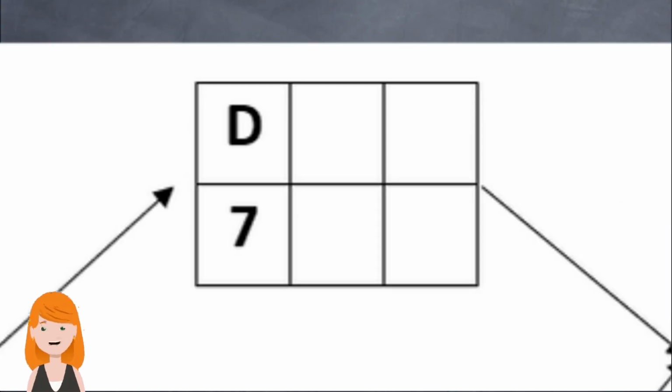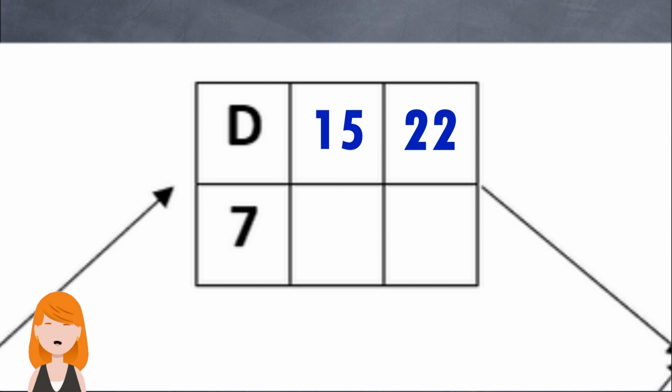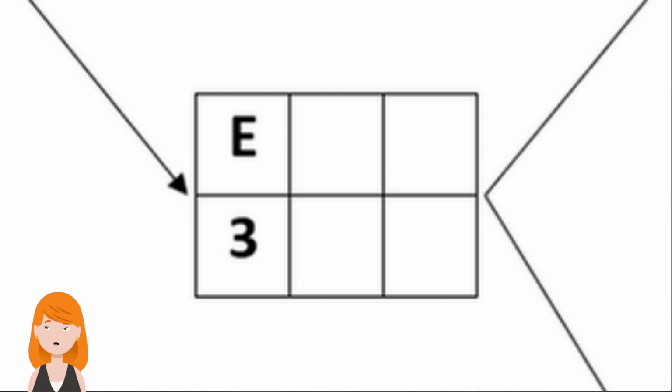D, since the earliest finish time of B is 15, and with an activity time of 7 weeks, will have an earliest finish time of 15 plus 7, which gives 22. For E, the earliest finish time of B is 15, with an activity time of 3 weeks. E will have an earliest finish time of 15 plus 3, which gives 18.